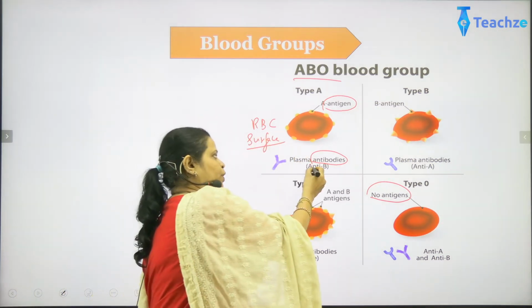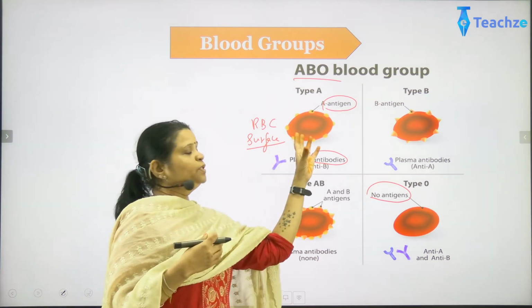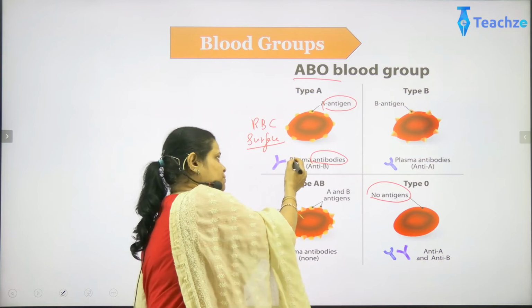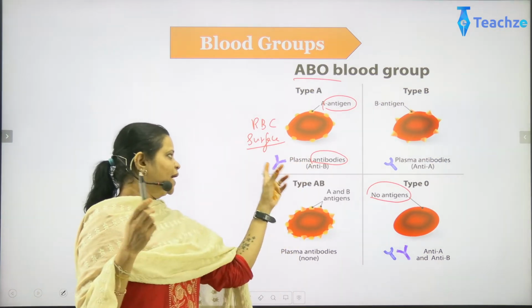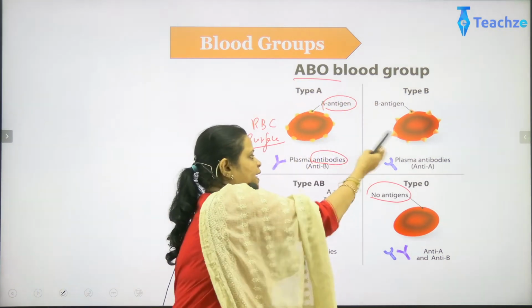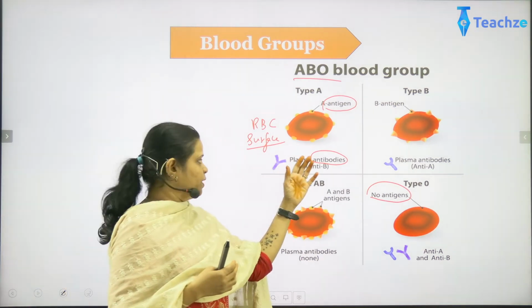So these antibodies are always opposite in coding. That is, if you see an A antigen or A blood group, the antibodies are in the plasma. So antibodies all come from the plasma region. Now the antibody produced for A will be B, and for B it will be A. Opposite, we see antibody A, antibody B, we have given here.